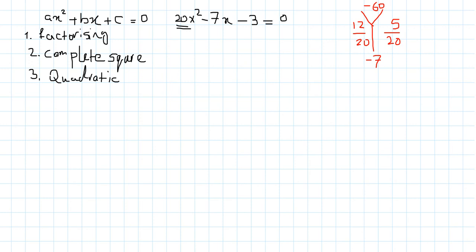Now about the sign we should be careful, because the answer is minus, so in the addition of 12 and 5, the bigger number should be minus. So minus 12 times 5 is minus 60, minus 12 plus 5 is minus 7, and let's simplify more. So it is minus 3 over 4 when simplified by 4.